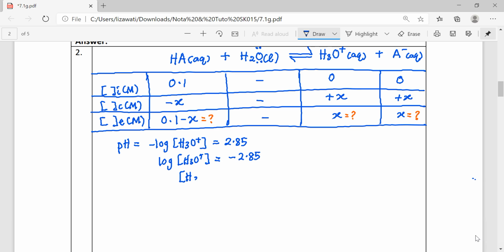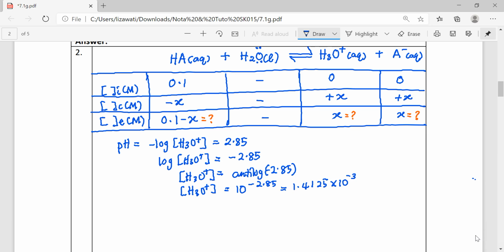So log becomes anti-log. Anti-log here actually refers to 10 to the power of -2.85. And therefore, you will get 1.4125 times 10 to the power of negative 3.